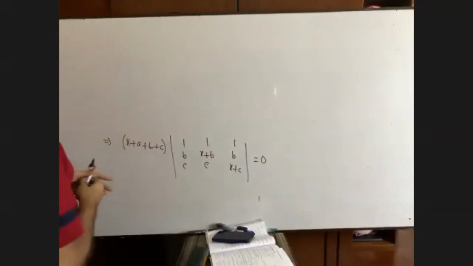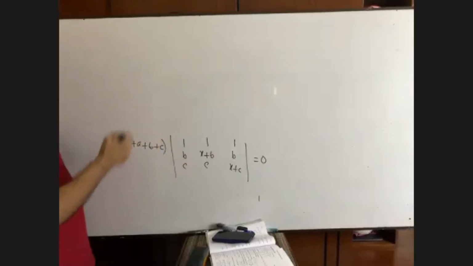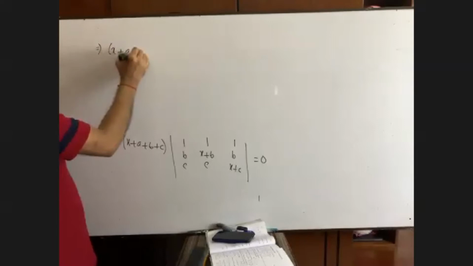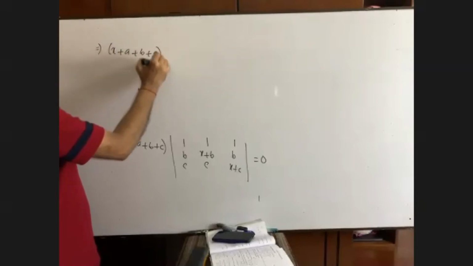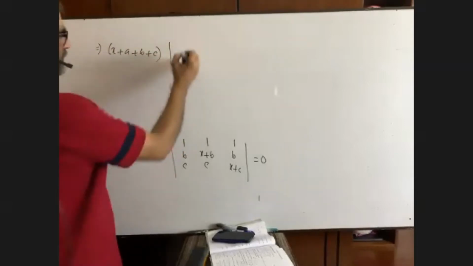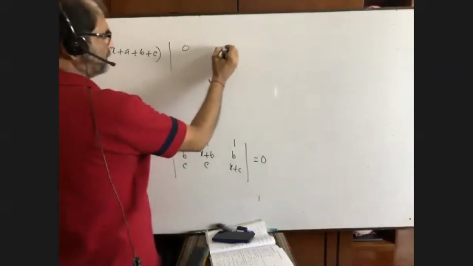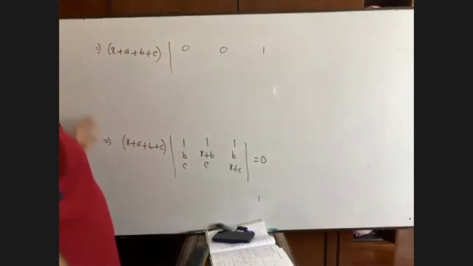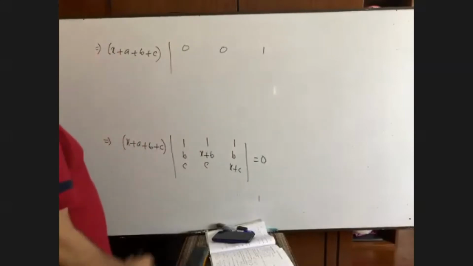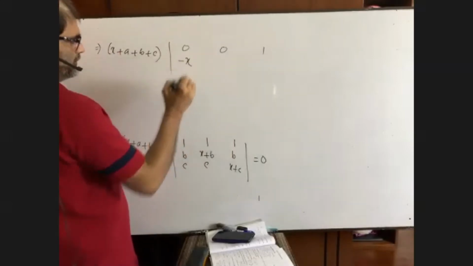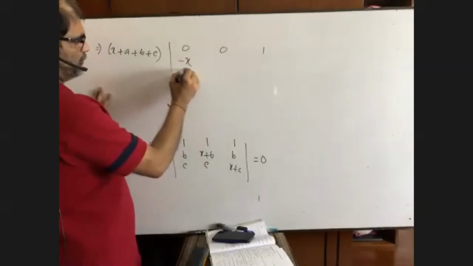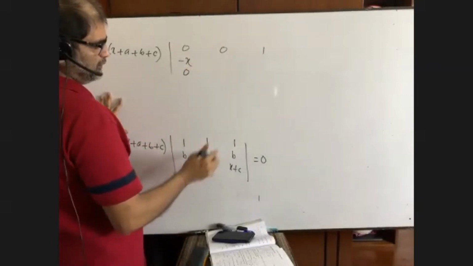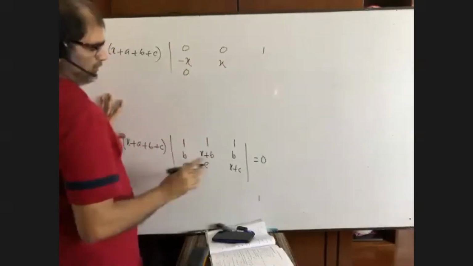Now you subtract from column to column. x plus a plus b plus c. It is 0. It is 0. It is 1. So it is what? b minus x minus b. b will be omitted. b minus x, that is minus x. c minus c, it is 0. Only x.